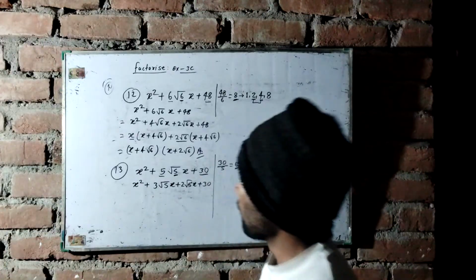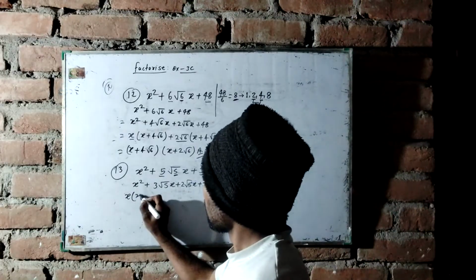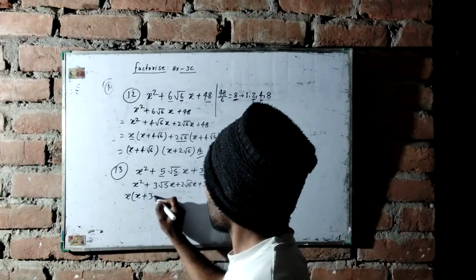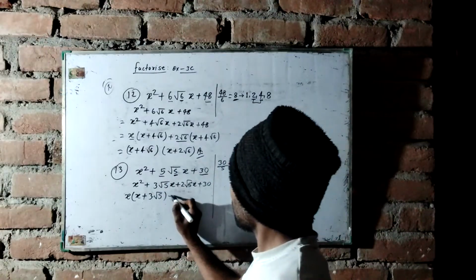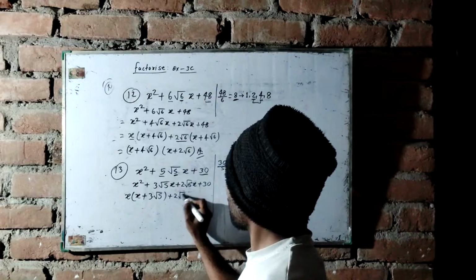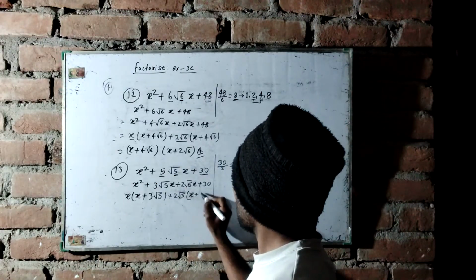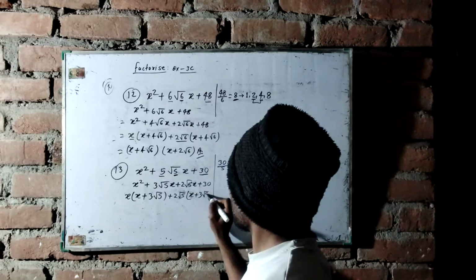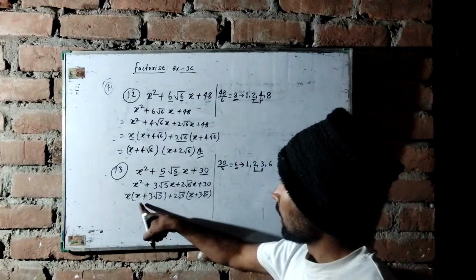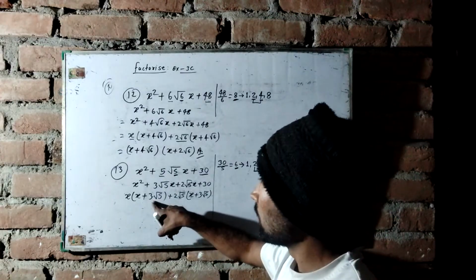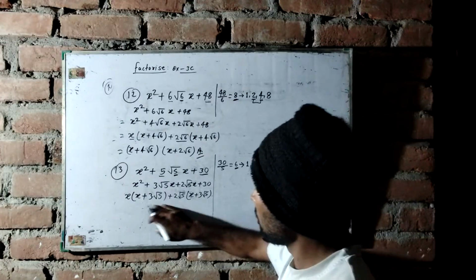So now we can take x as a common and we can write x plus 3 under root 5 as a multiple, and we can take 2 under root 5 as a common and we can write x plus 3 under root 5 as a multiple. Now we can see clearly x plus 3 under root 5 and x plus 3 under root 5 are present in both terms.